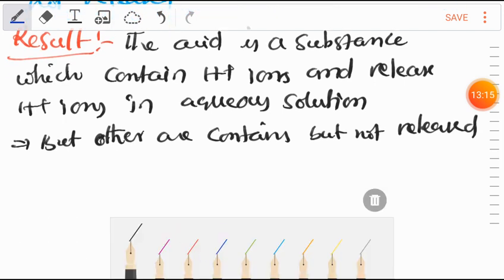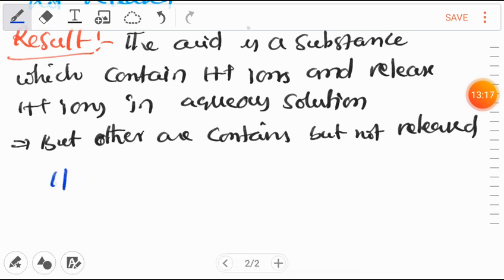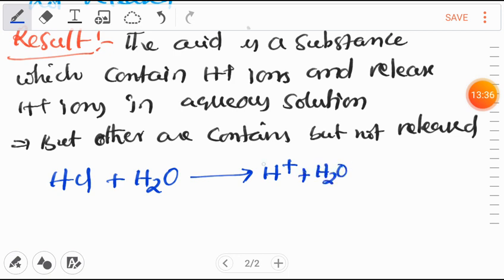Now you write the equation. Take HCl plus water; they release H plus ions, which combine with H2O, and form Cl minus.